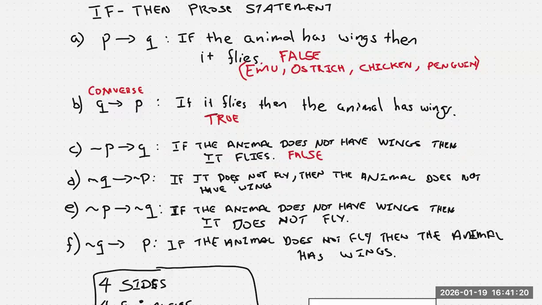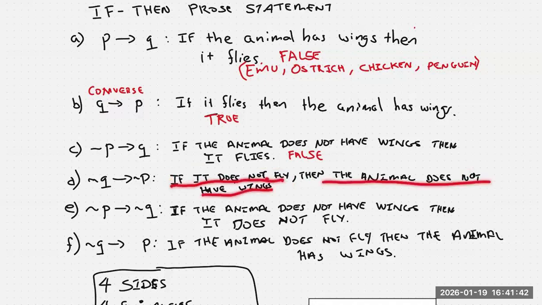For the fourth one, if it does not fly, then the animal does not have wings. So this is saying once the animal cannot fly, then the animal doesn't have wings. And we showed that to be false before. Remember, if you think about it very carefully, the animal doesn't fly. So it's saying if it doesn't fly, then at the same time, it means it does not have wings.